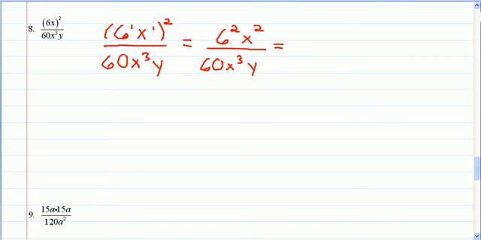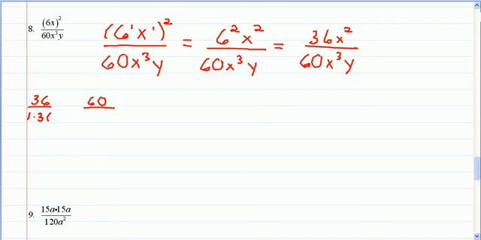And one more step before I move on to property 2, I will write this as 36x squared over 60x cubed y. So the first thing is I'd like to simplify 36 and 60. So underneath, I'm going to write all the factors of 36 and all the factors of 60 and find the greatest common factor, which is the largest number that the two have in common.